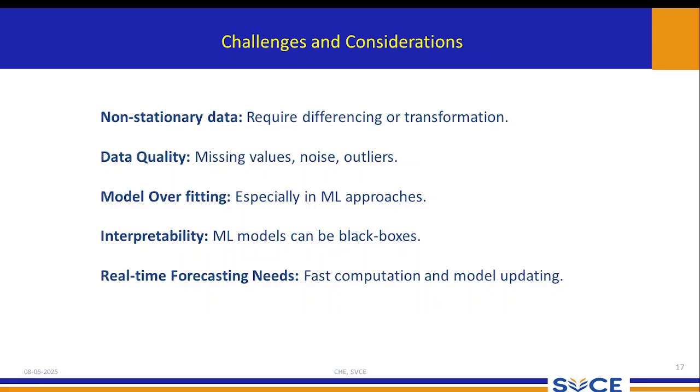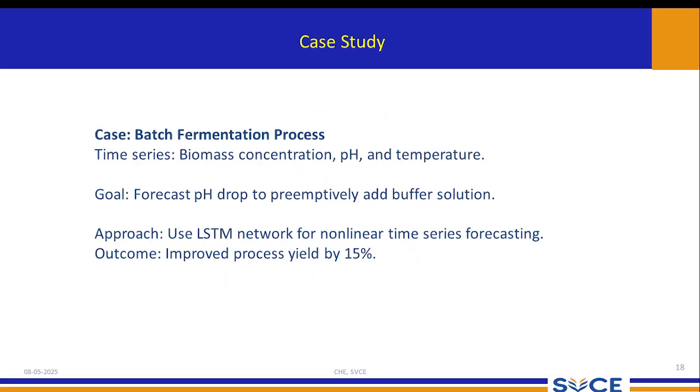Model overfitting, especially with the machine learning approach. Interpretability: machine learning models can be black boxes. Real-time forecasting needs fast computation and model updating. As I told you, these programming languages are for fast computation as well as model updating.